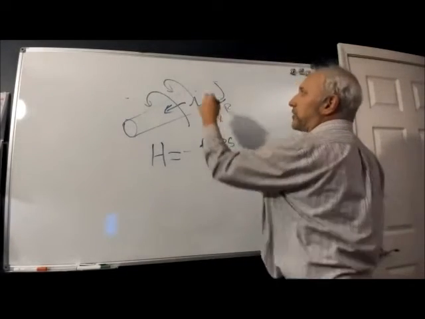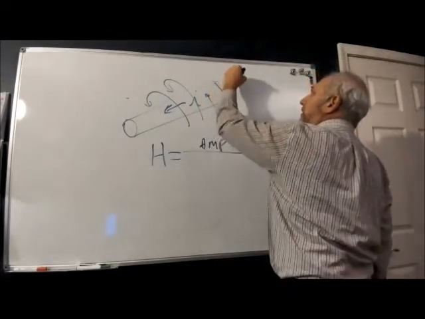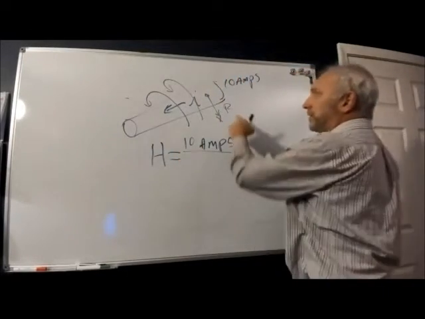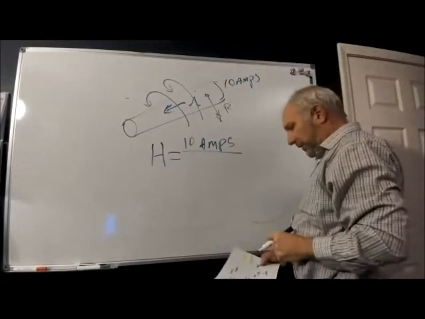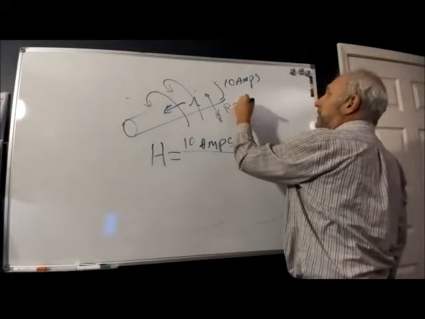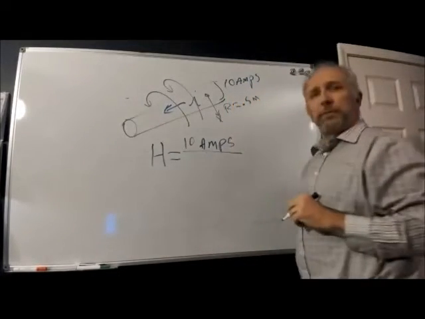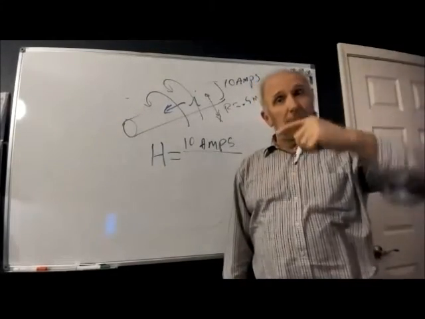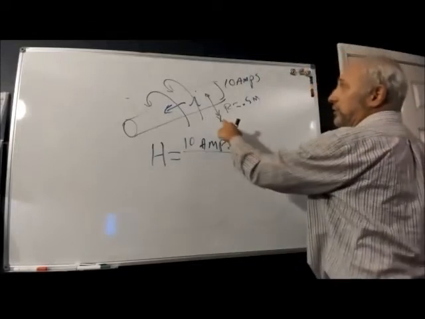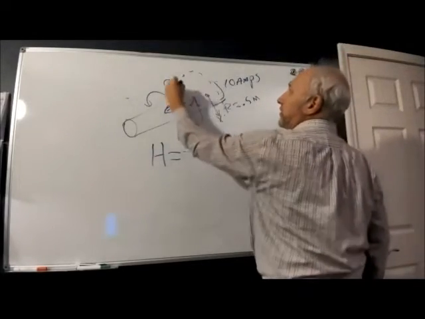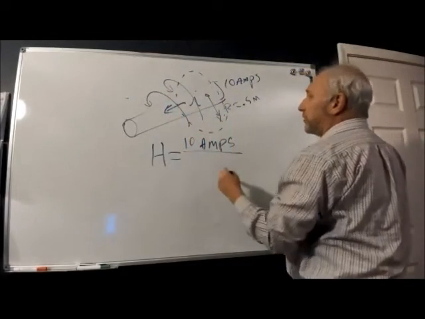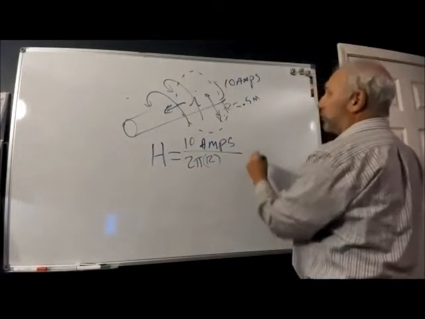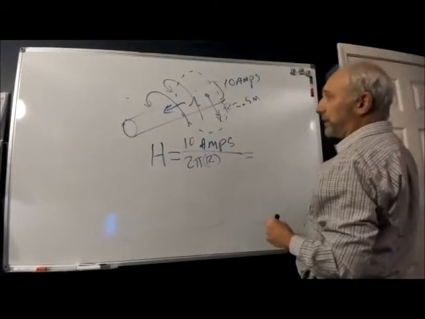The magnetic field is measured in the following way. Let's make this 10 amps, divided by the perimeter of the circle at that distance, which is 2 pi r, and let's make r 0.5 meters.